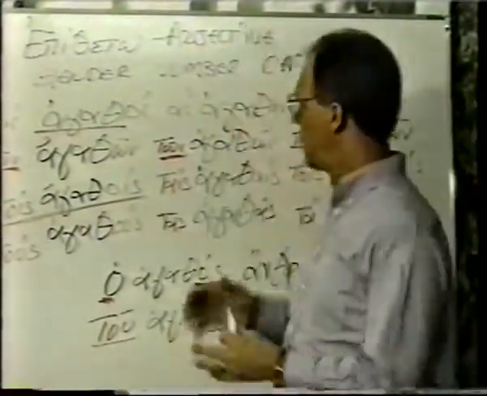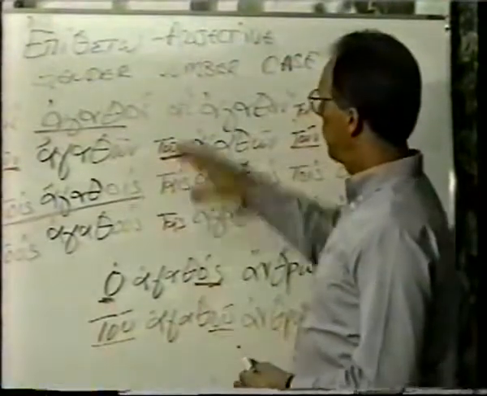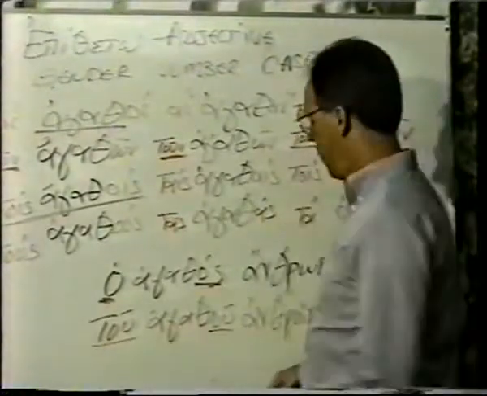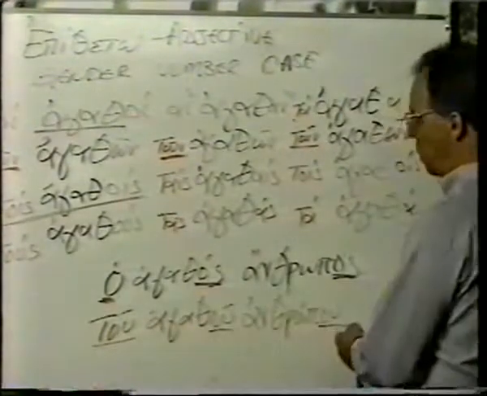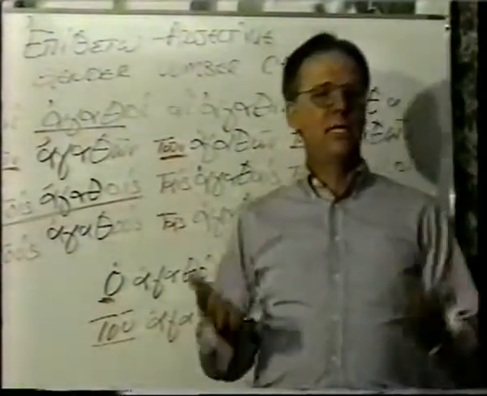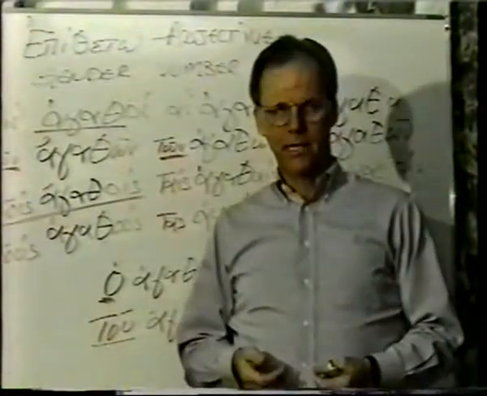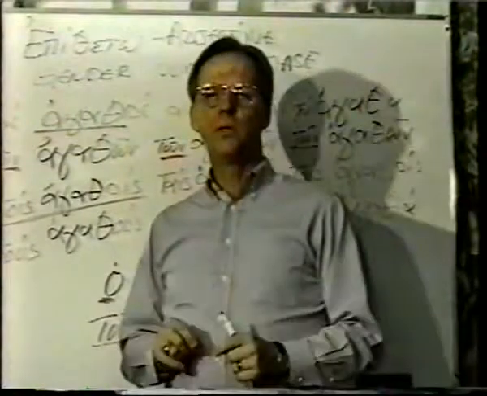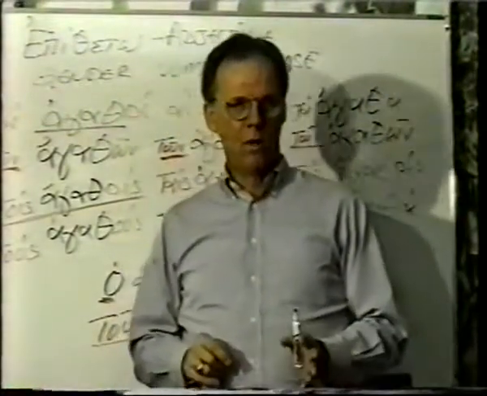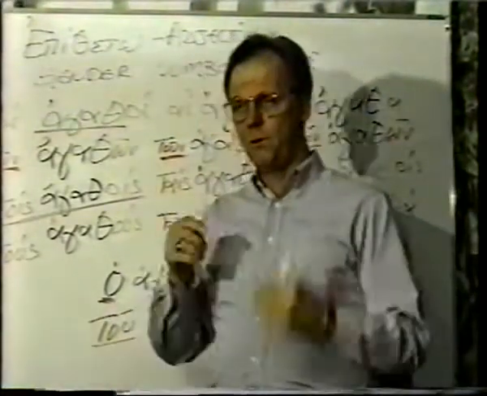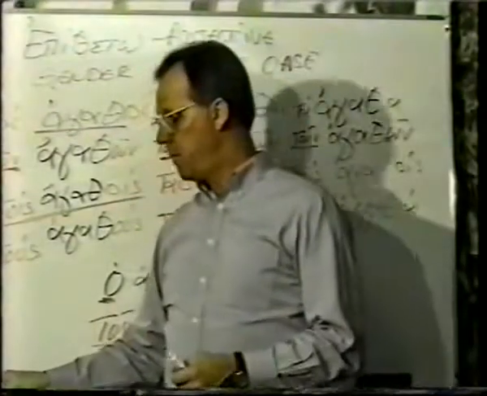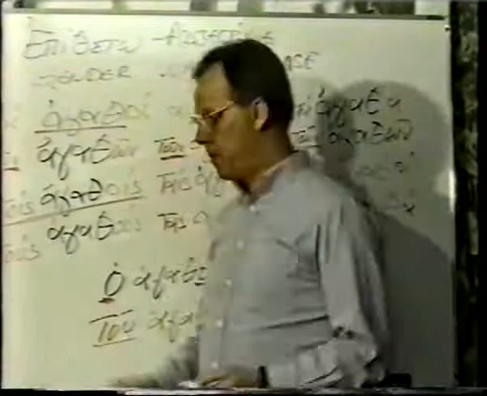And you're going to learn how all this is coming together, and you're going to find out that now you know what e agathi means. And we're going to see that tu agathu anthropu is a genitive or a dative case in the singular. So there's a lot that can be learned if we simply do it in a systematic way. But if you want to fill your head with all these facts and figures the first month, you're going to be very confused and you're going to be discouraged.